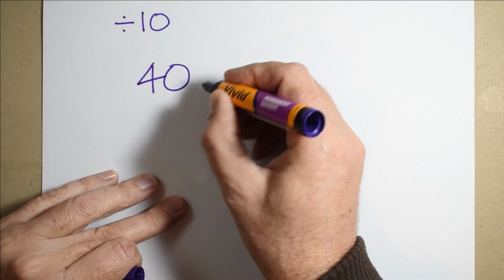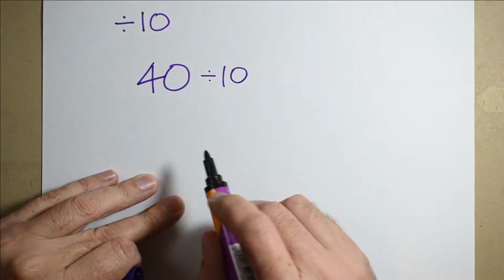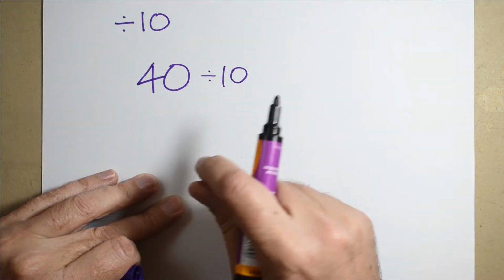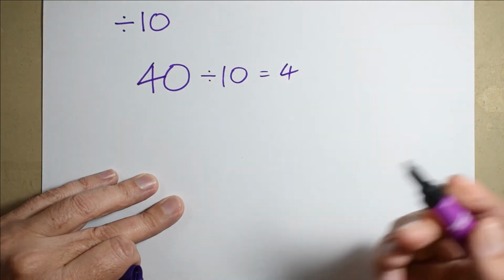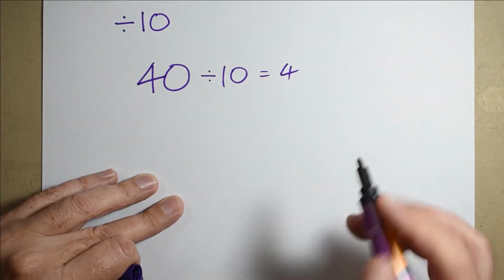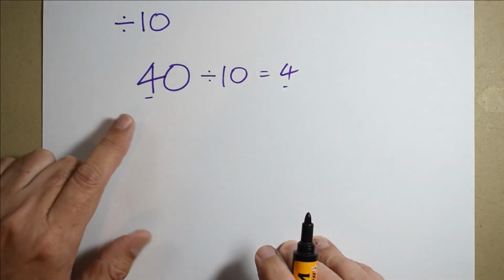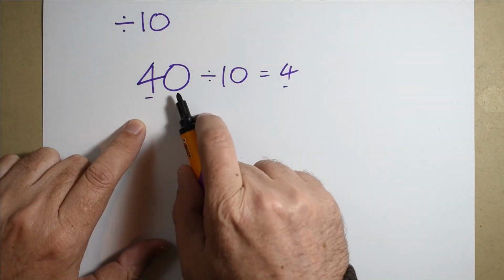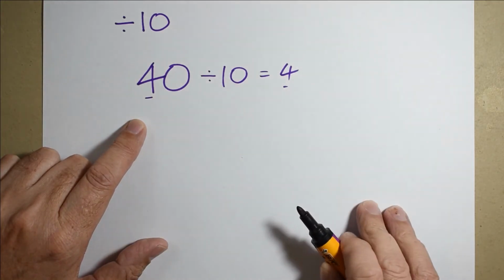We're not taking away 0, we're dividing it by 10, but we are in practice just losing that 0 off there to get our answer. So it's a very quick thing. No calculations are needed. You can see the 4 there is the 4 that we see there. All we've done is divided that set of 40 things into 10 parts, and there's 4 in each part.